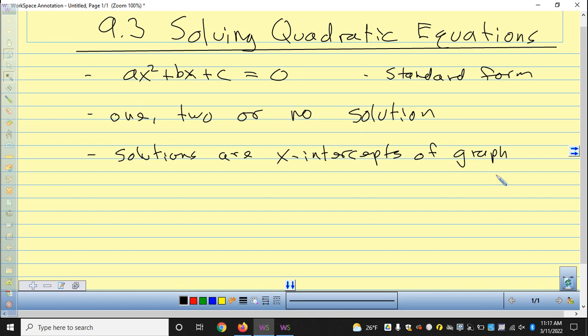When we graph our quadratic function, we're looking for the x-intercepts. And remember, the x-intercept is where it crosses the x-axis. That's what we mean by x-intercept.